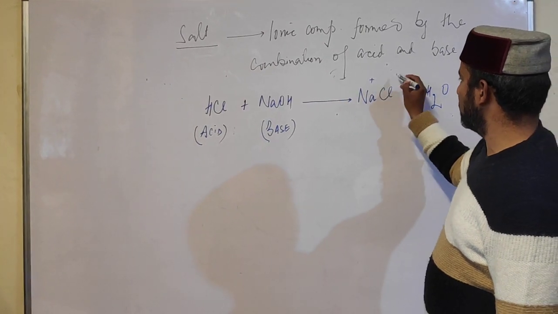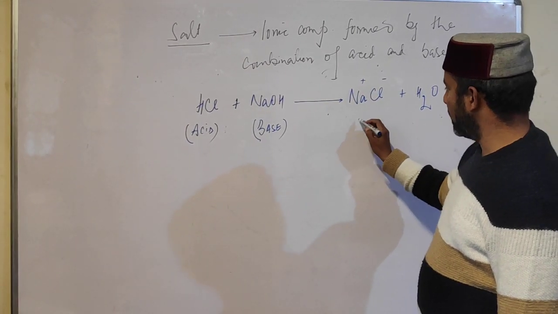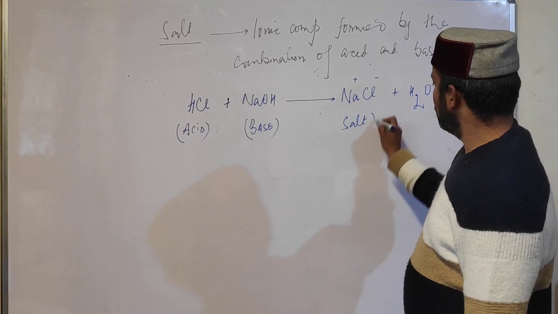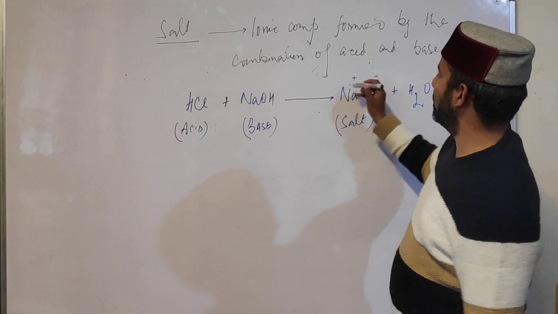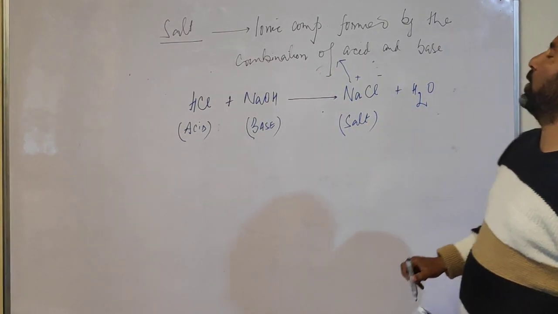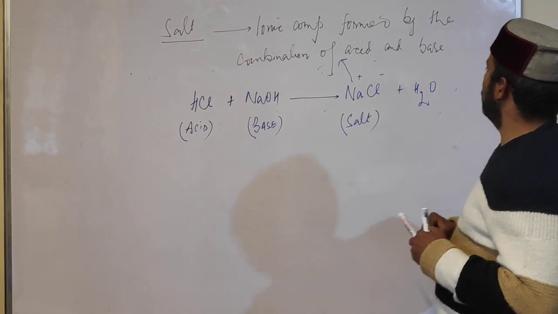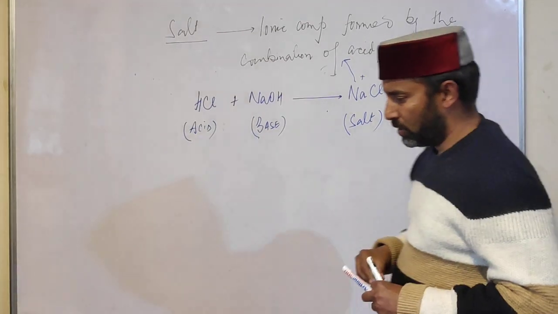Now this compound is ionic, this is sodium chloride, so this ionic compound is a salt, and then we have water also. So what is salt? Salt is an ionic compound which is formed by combination of acid and base.